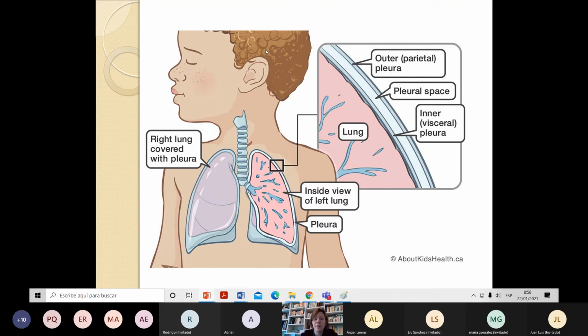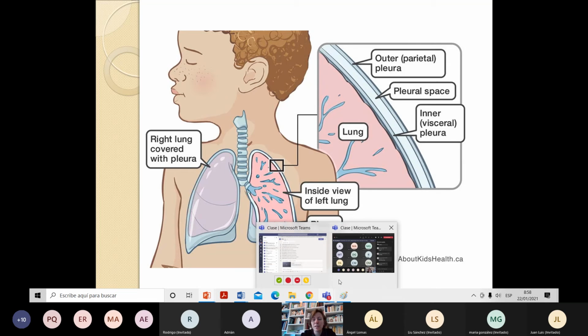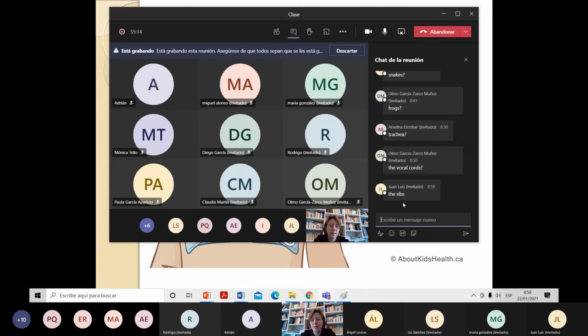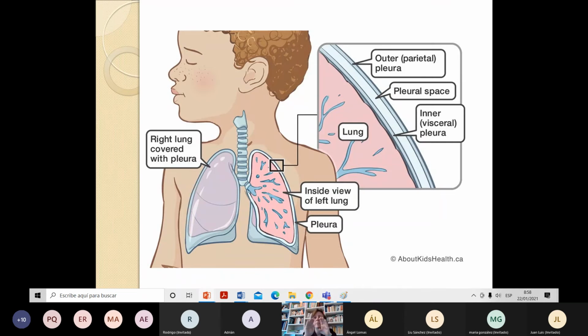Does anyone know the name of the bones that are covering my lungs? What's the English for it? That's the ribs, okay? So the pleura will be connected to the ribs, and even though the lungs do not have any muscles, the ribs do have them.